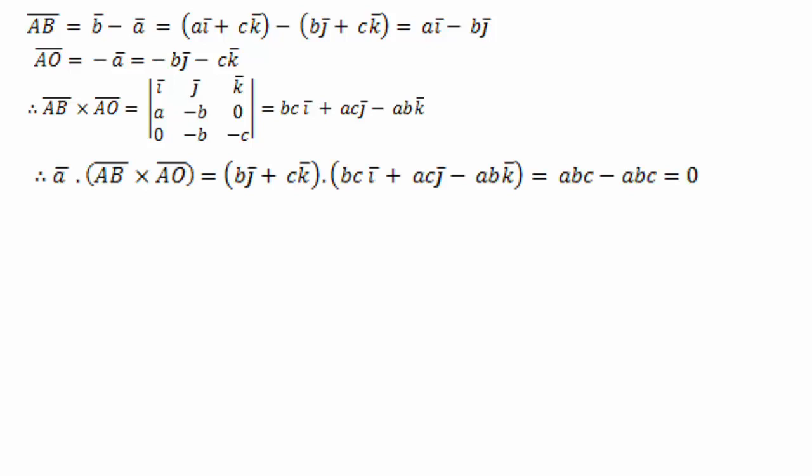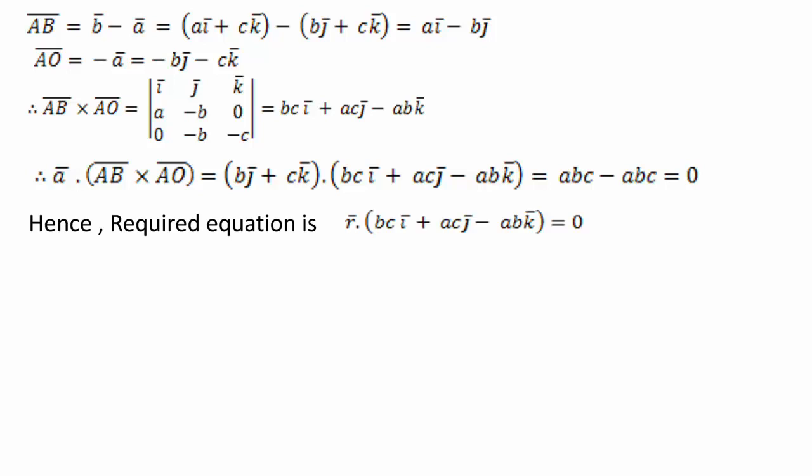Hence A dot (AB cross AO) equals (bj plus ck) dot (bc i plus ac j minus ab k), which is abc minus abc equals 0.